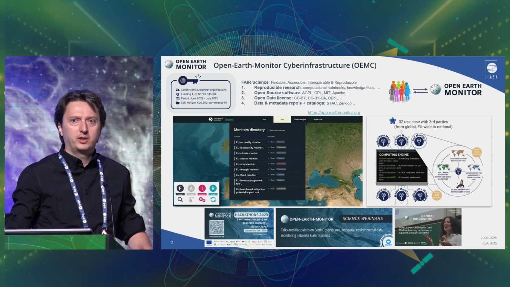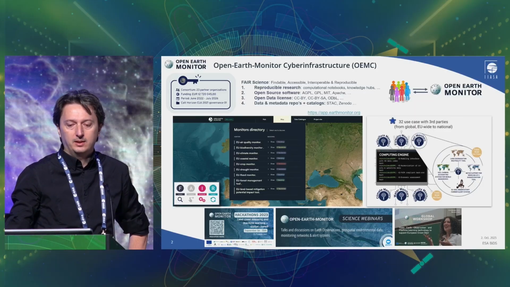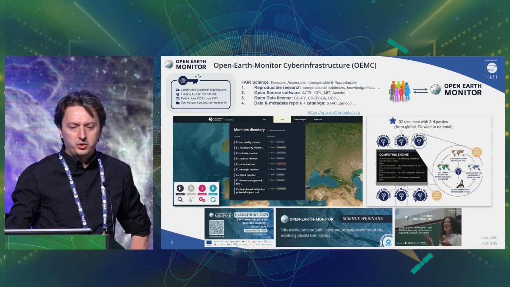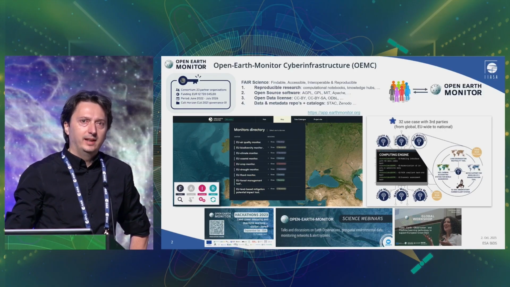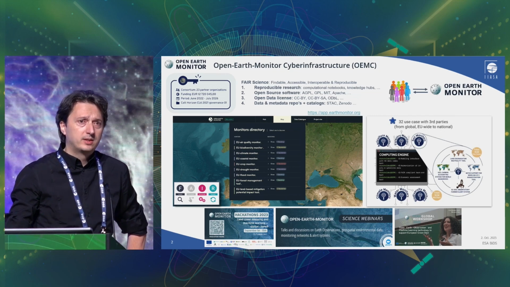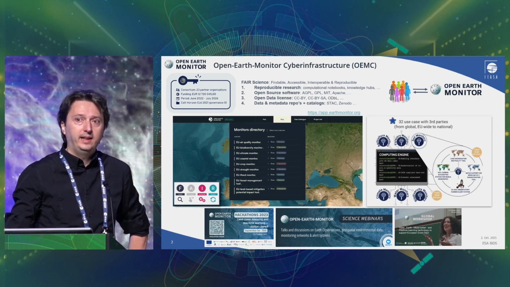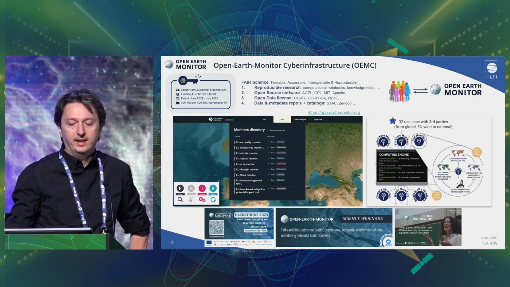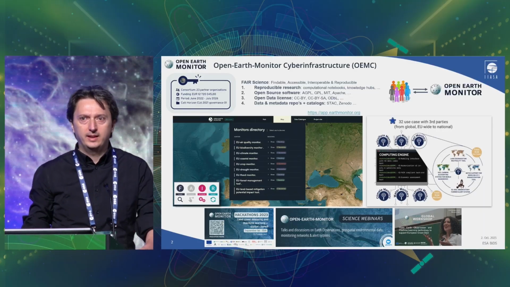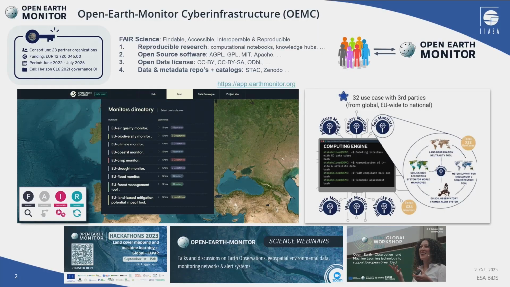So this is the project under which we initialized this hackathon, and it's quite a big European Commission project, 23 partners, and the project is, in essence, about providing new open source tools and open data to support FAIR science. We are doing that through 32 use cases, and there is also an app that presents those use cases as well.